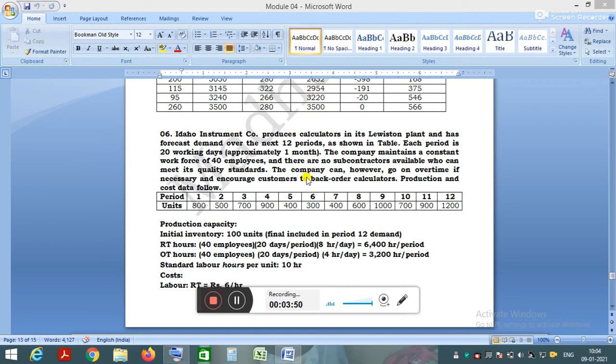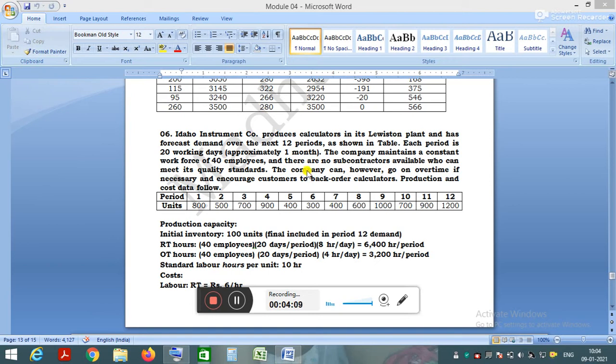The production and cost data follows. He has given in the table the forecast demand, and he has given the production capacity. The initial inventory, the products already available in the warehouse, is 100.